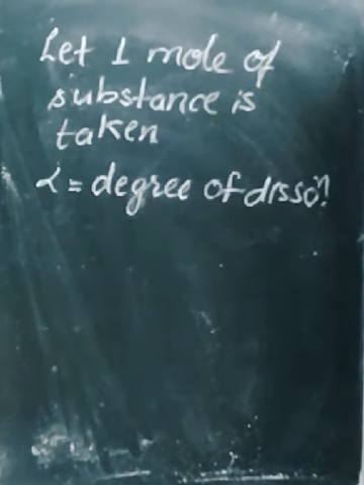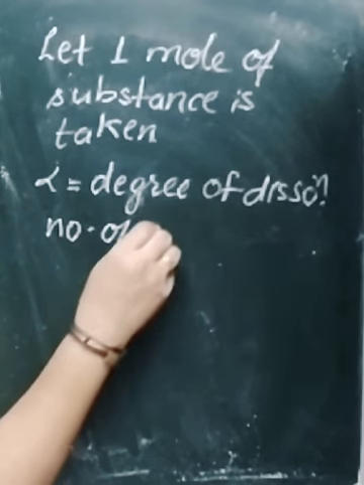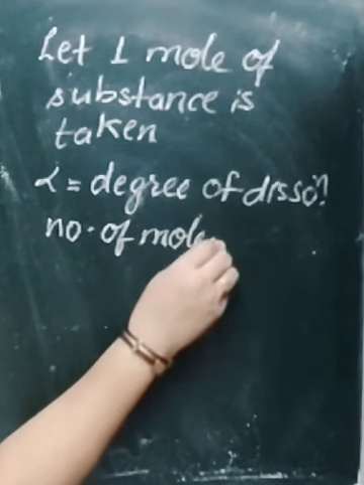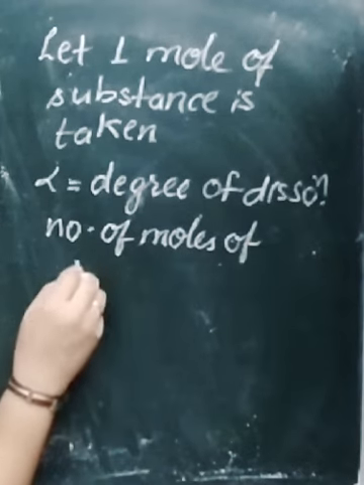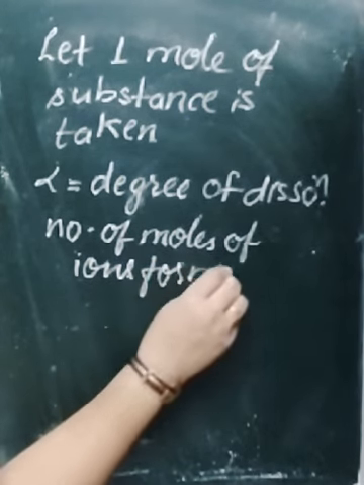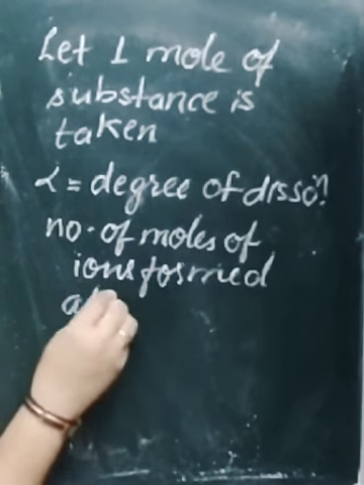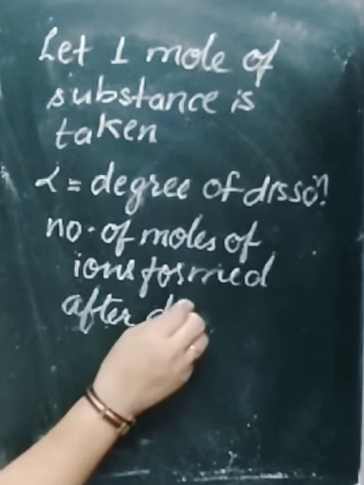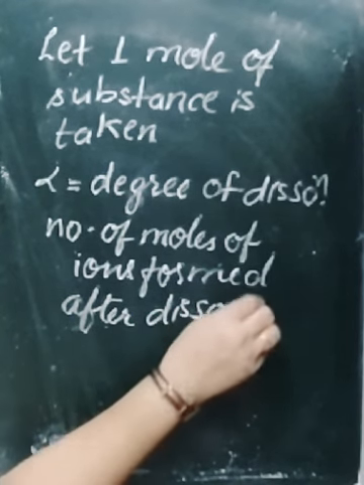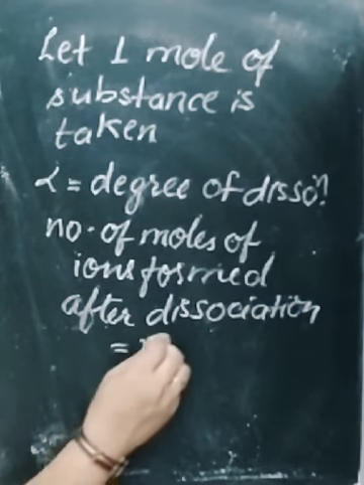Now the number of moles of ions formed after dissociation will be equal to m alpha.